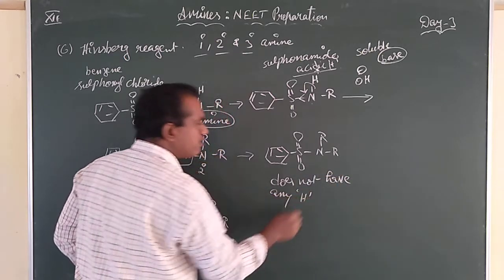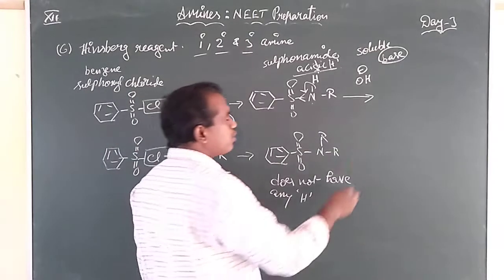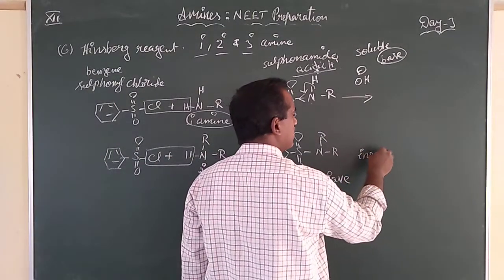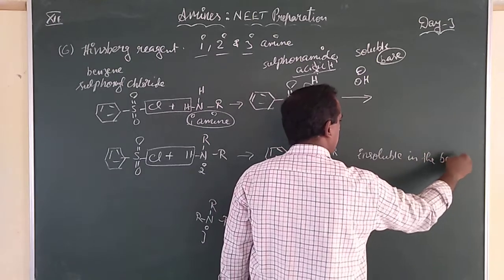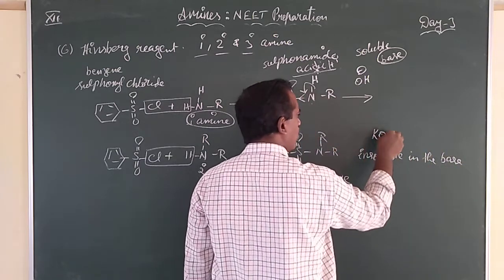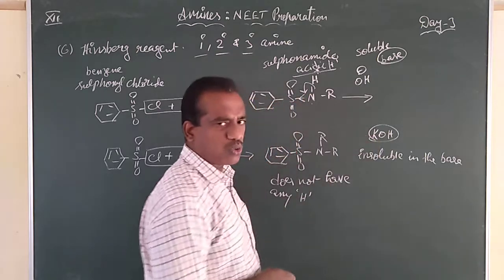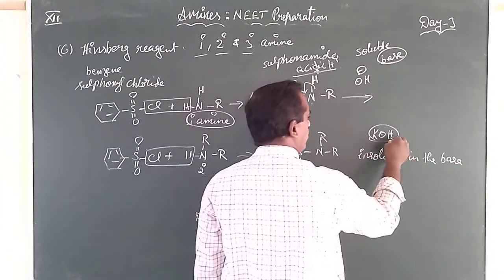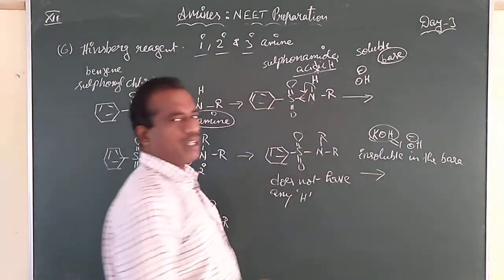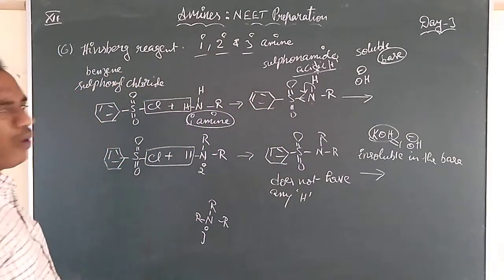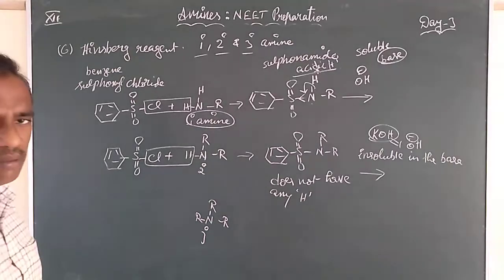So due to lack of this acidic hydrogen, this is insoluble in the base. That is added here. Generally, potassium hydroxide solution we will be adding. From the potassium hydroxide we will have OH minus ions. So this is insoluble in the base. Very important point. Reagent names you must remember.